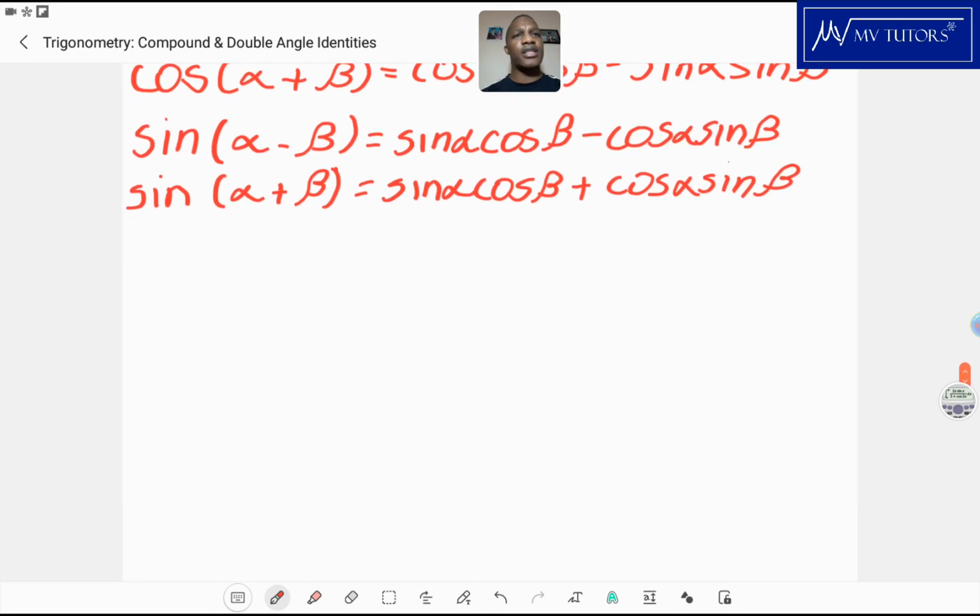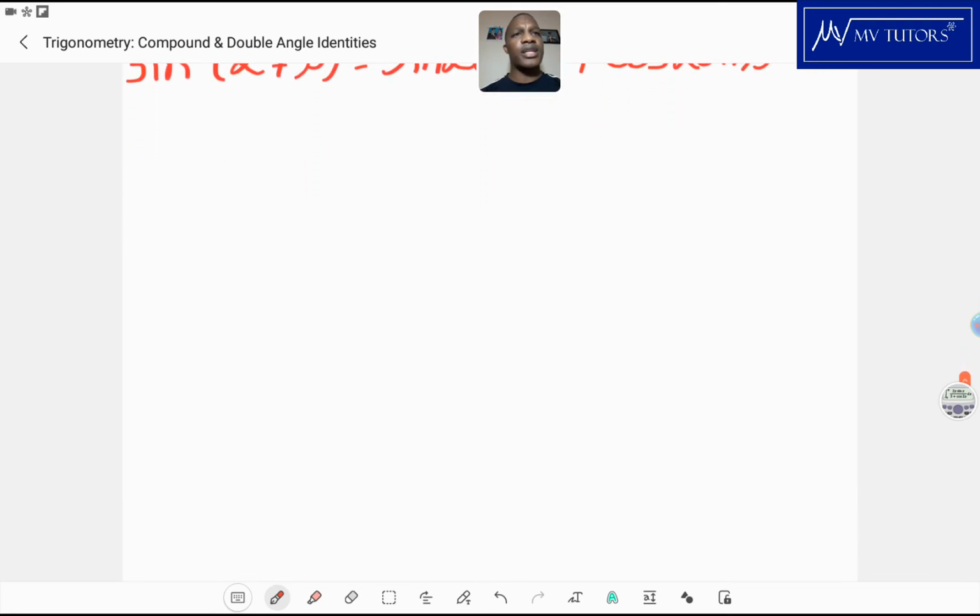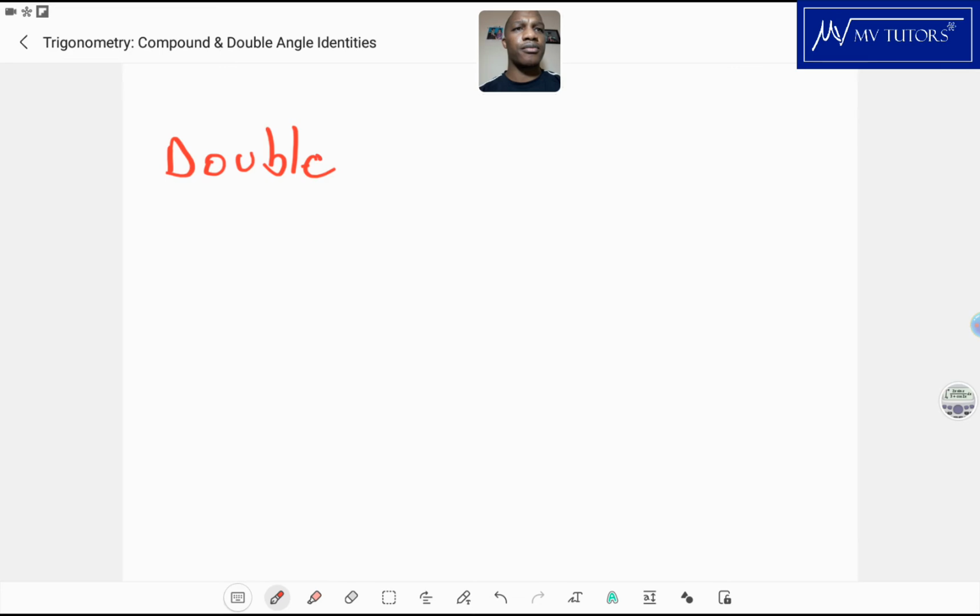Now let's deal with the double angle identities. Double angle means twice, you guessed it. The first one we're going to deal with is sine 2 theta.